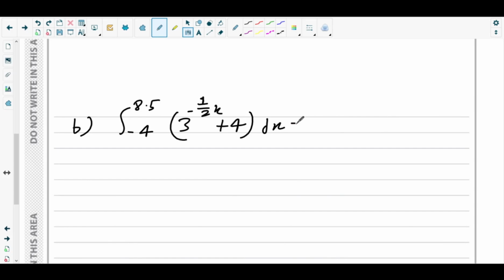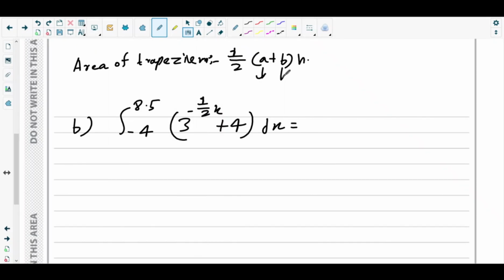This is equal to something based on the area of a trapezium, which is half of (a plus b) times h, where a and b are the lengths of the parallel sides and h is the distance between these parallel sides.